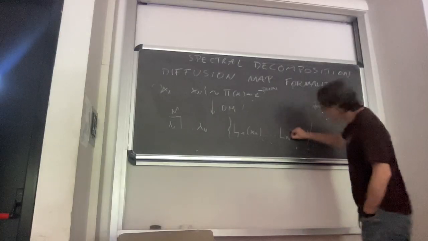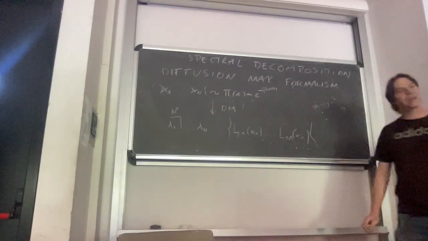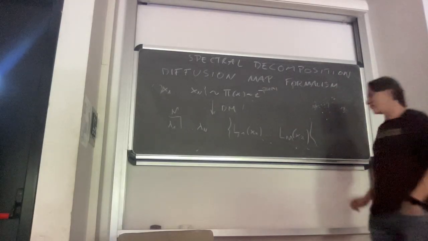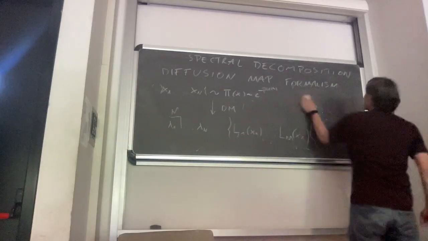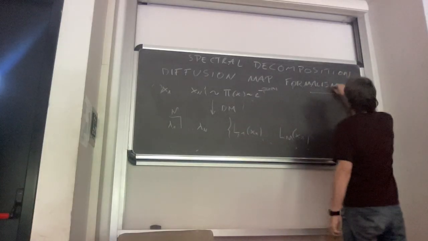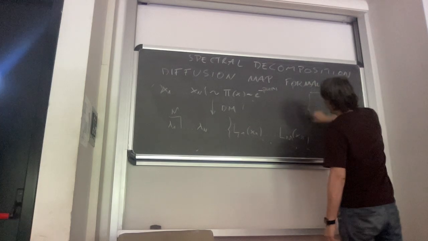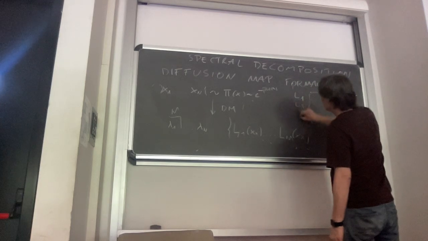So by doing this, you can now truncate this into a rectangular matrix, because at this point you have n points but only m eigenvalues, L1, L2, ..., Lm, right?